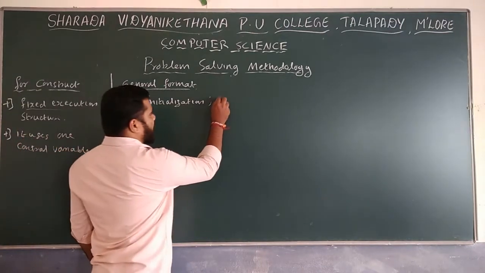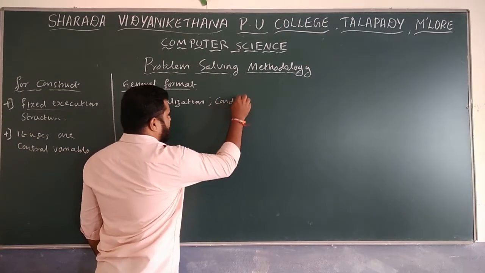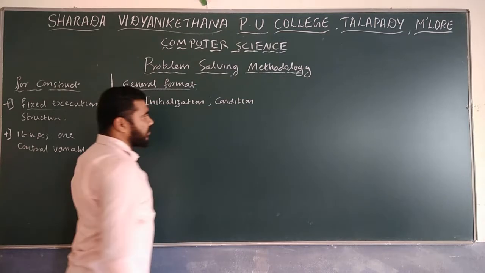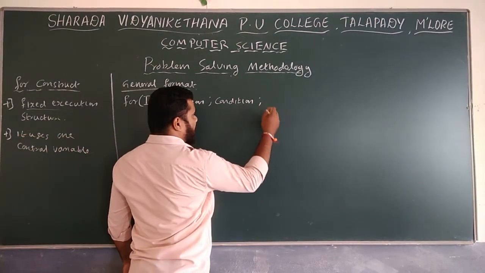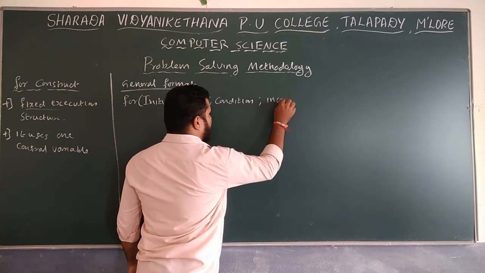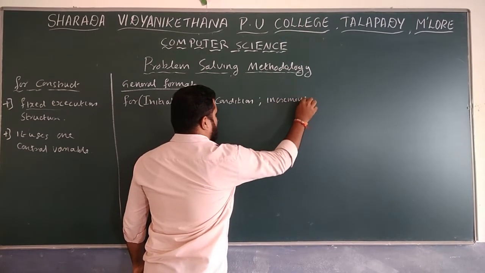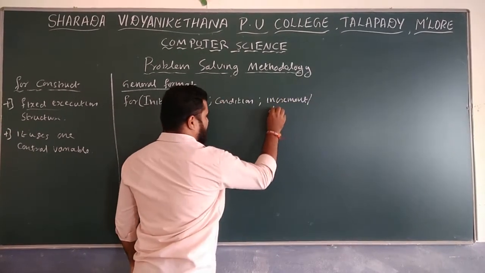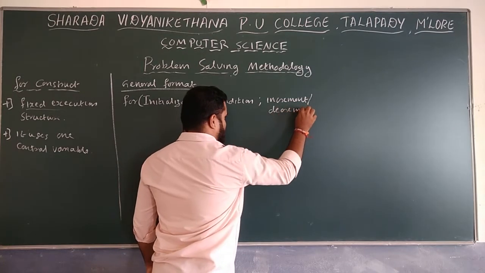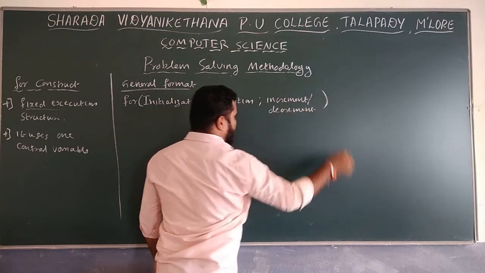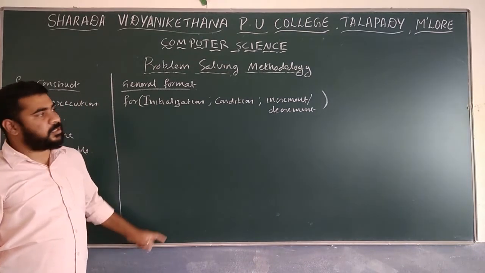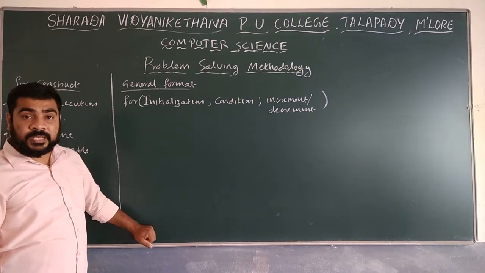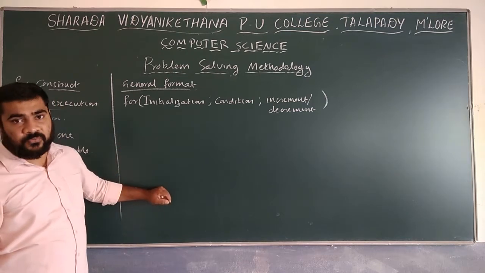Next is the condition. After the condition, next is a semicolon, then either increment or decrement. You can perform either operation. This is the operation you have to perform in case of the for statement or for loop.